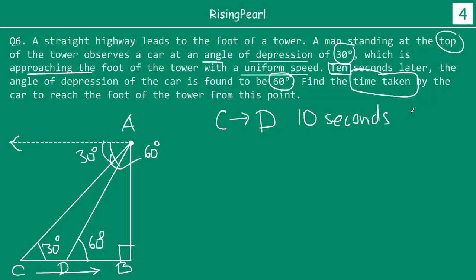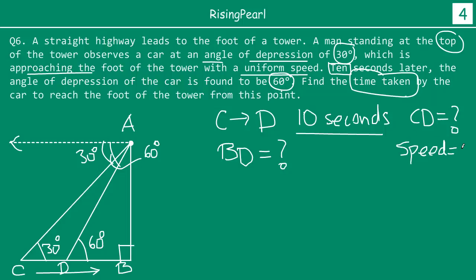So if we can find out the distance CD, then we can find out the speed, because the car traveled that distance in 10 seconds. And then if we can find out BD, that is how much more distance is left for the car to travel, then we can use the speed and the distance to find out the time. That will be our strategy.